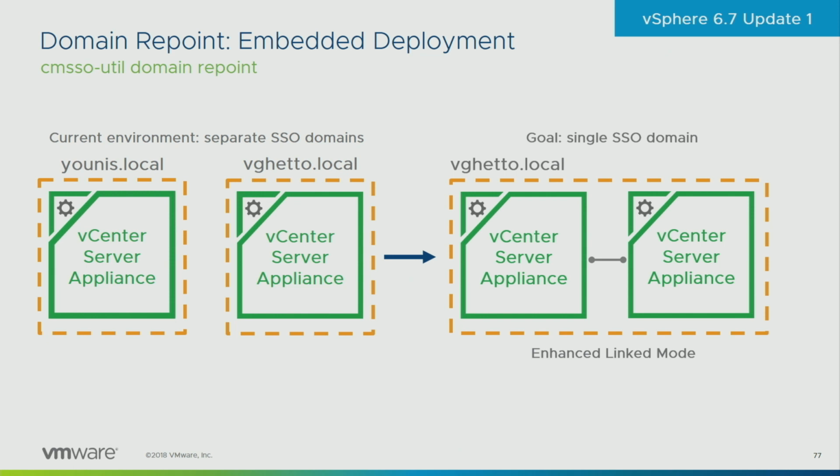Now, the thing here is we are bringing over almost everything, but things like our local SSO users, I wind up losing, right? Because they're tied to my SSO domain and I'm going to his SSO domain. So keep that in mind. By simply doing this, I've not only consolidated the SSO domain into one, but we also established enhanced linked mode as well.